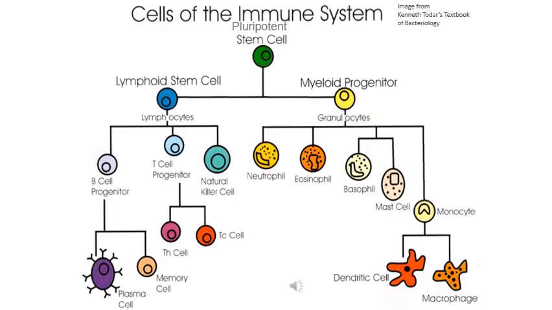So white blood cells are central to both natural or innate immunity and also to acquired or adaptive immunity. I just like how this visually shows you that we have our lymphoid stem cells, which is basically our lymphocytes, which are our B and T cells. And then we have our granulocytes, which are our neutrophils, eosinophils, monocytes, which you can see here turn to mature macrophages.